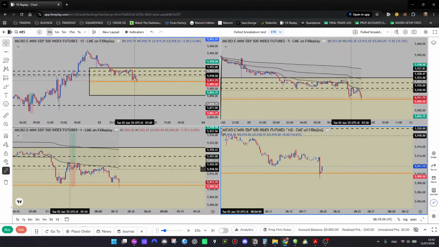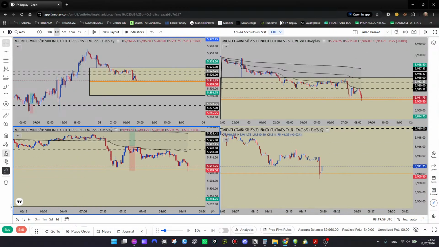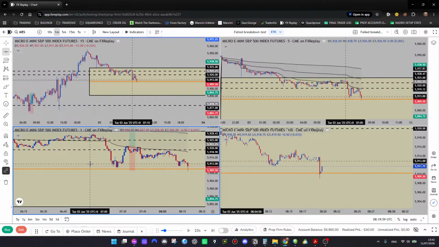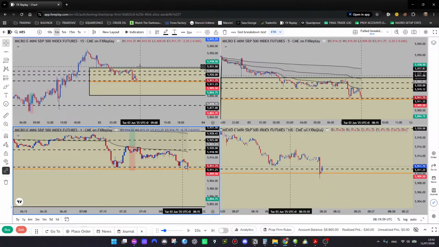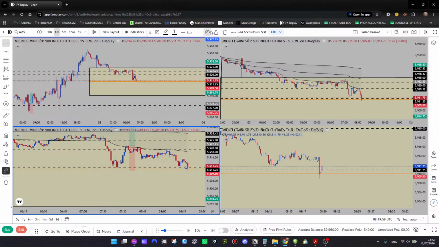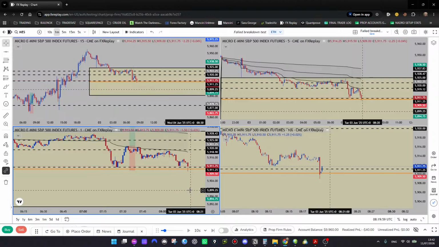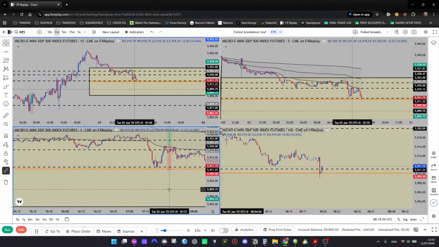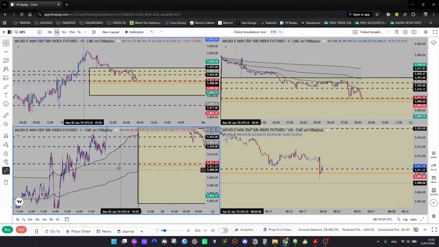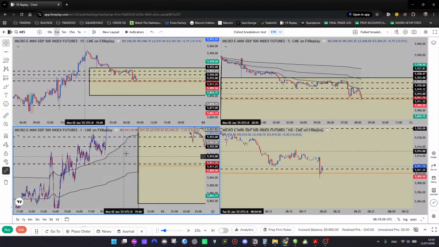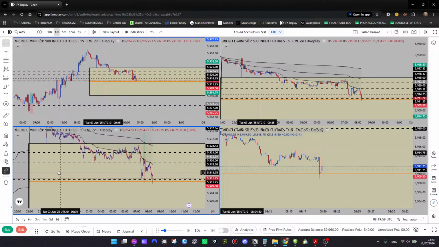So I'm gonna pull a line here, right there. Right. So we broke the previous lows, as you can see here. This was a support resistance support level the previous day, and came back. And now it's back testing it.